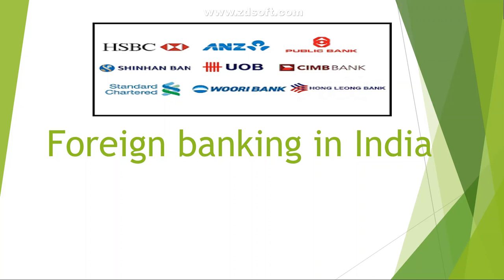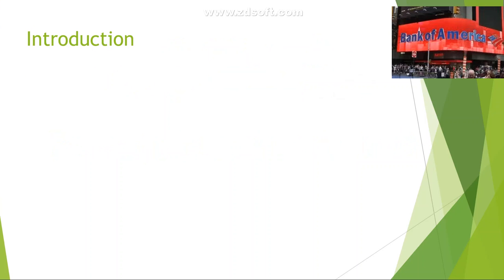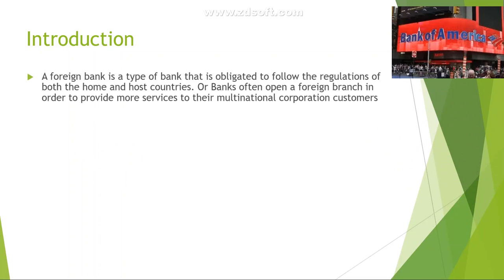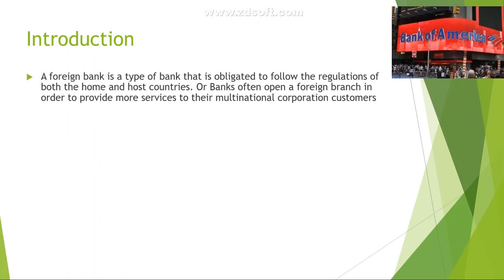So let's see in detail what foreign banking is all about. As I was discussing, a foreign bank is a type of bank that is obligated to follow the regulations of both the home and host countries.